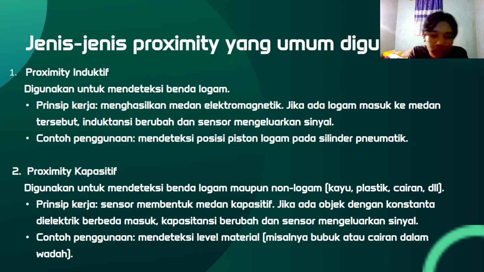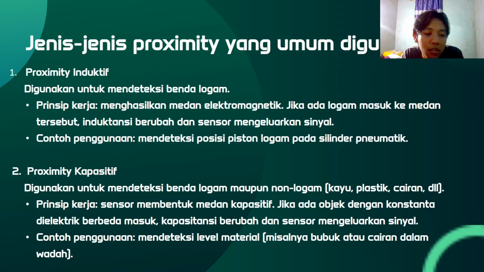The capacitive sensor is similar, but the capacitive sensor detects iron or non-iron materials, like wood, plastic, and chemicals. The working principle is that the sensor makes a capacitive field, and when an object with a different dielectric constant enters it, the capacitance changes and the sensor makes an output signal.